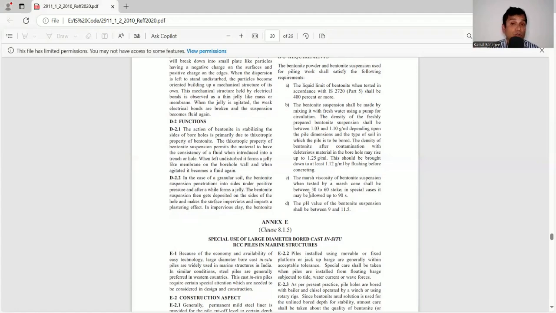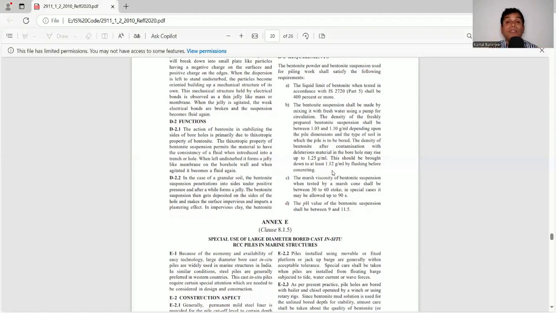But before concrete, we need to do the flushing with the bentonite slurry again, and it should be brought down to at least 1.12 before concrete by flushing. If it does not become 1.12 or less, we cannot give permission for the concreting.